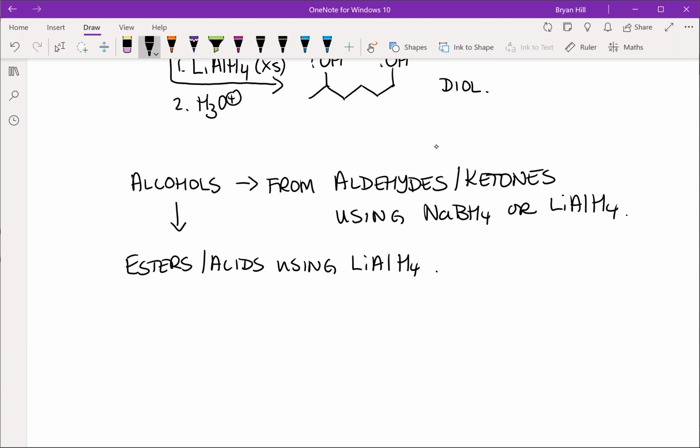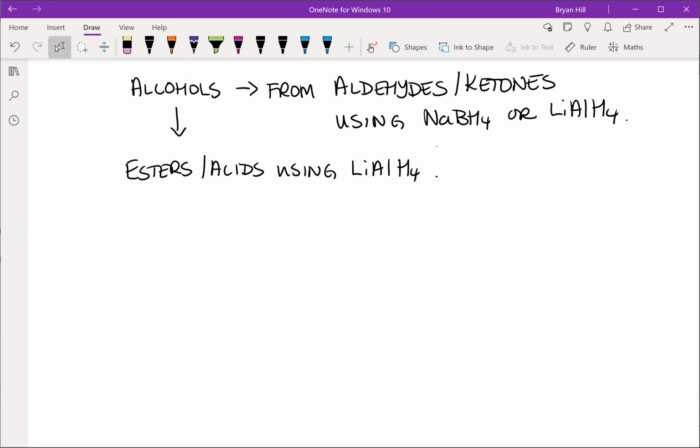Now there's a reaction which is very similar to this reduction, which you guys just finished doing in the lab last week or before the break. In both of these cases, we've got our carbonyl, and we're adding H minus to it.